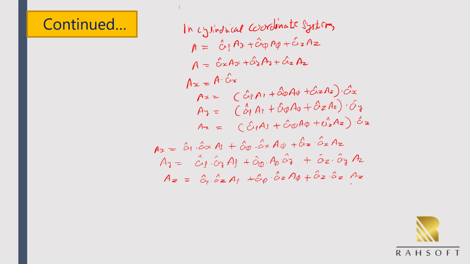Substituting the values of these dot products, we get A_x equal to cos phi A_rho minus sin phi A_phi, and A_y equal to sin phi A_rho plus cos phi A_phi, and A_z is equal to A_z.